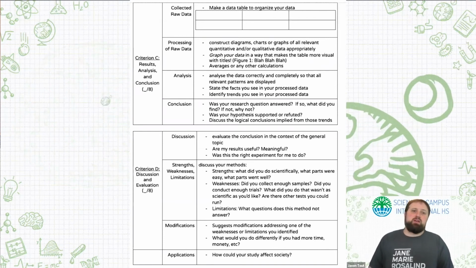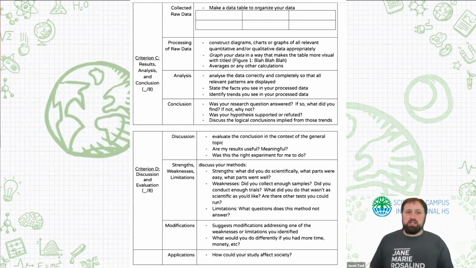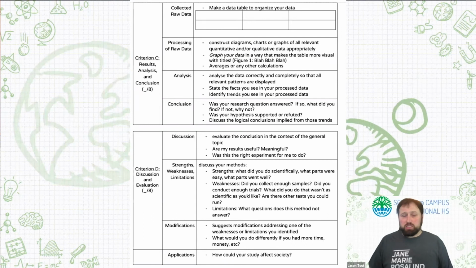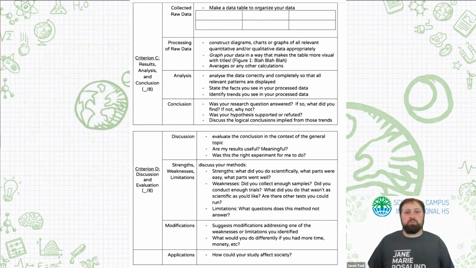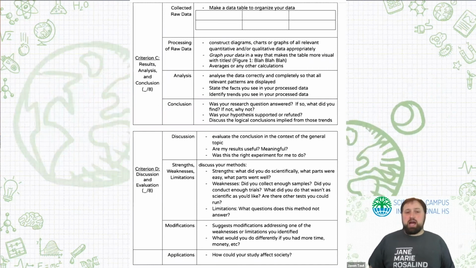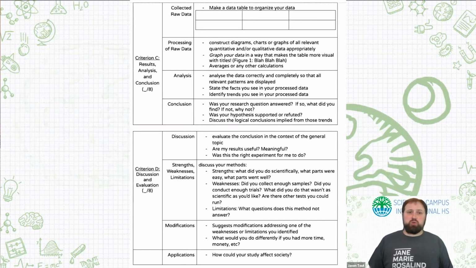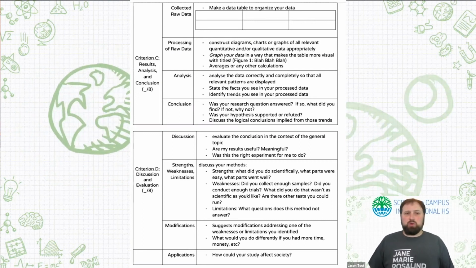Totally fine. Strengths, weaknesses, and limitations are just as they sound. You want to identify one of each for your experiment. And there are some details listed there. I'm not going to go through right now. A modification is how could you change your experiment to address one of the weaknesses or limitations that you identified.